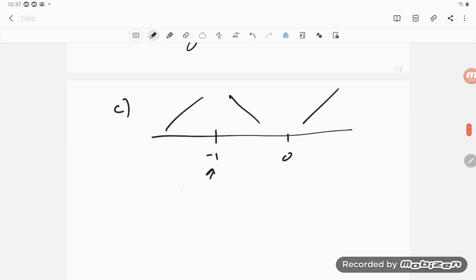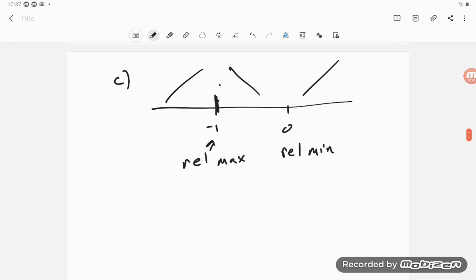So this is a relative max, and this is a relative min. If the function had not been defined at negative 1, I would have said neither. But it is defined, so that is a relative maximum there.